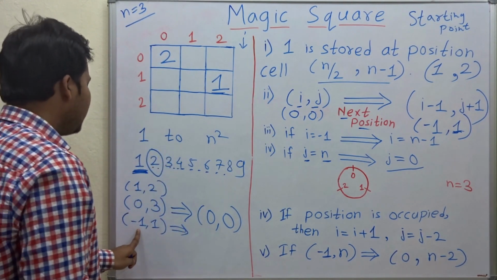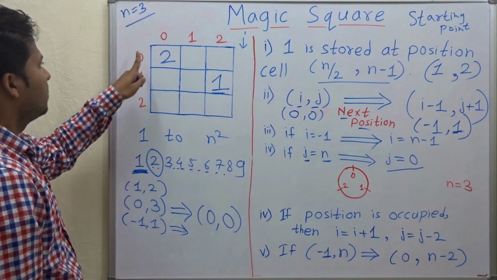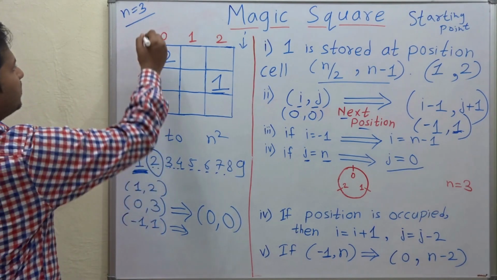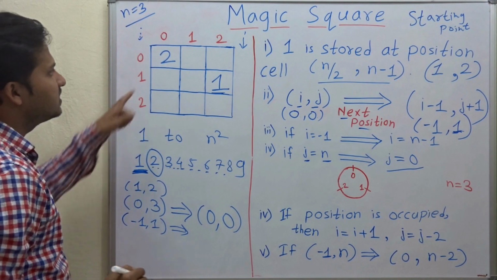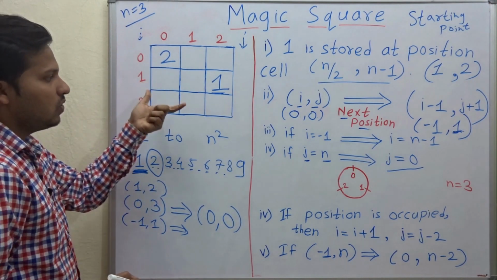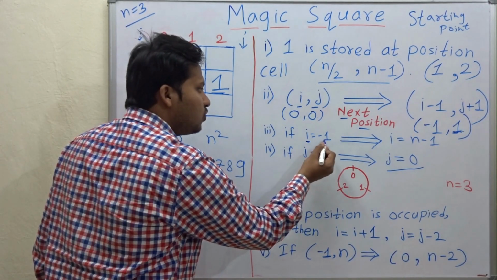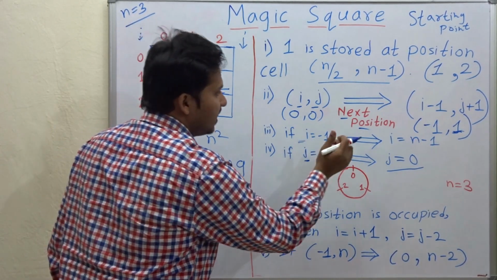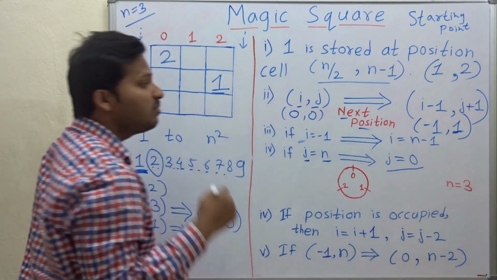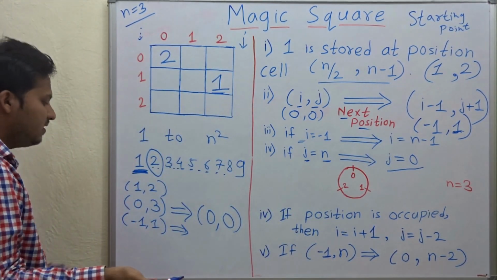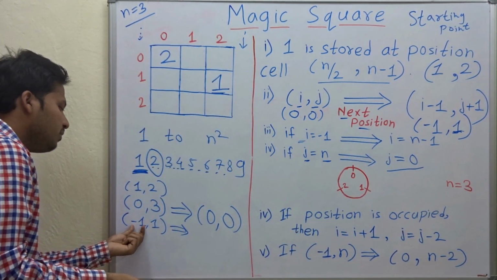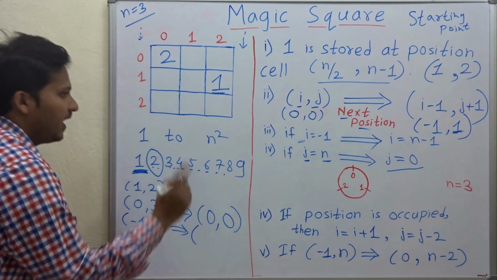So now minus 1, see, index minus 1 is not present. So the third rule: if i is equal to minus 1, then i is equal to n minus 1. So this minus 1 will be wrapped into n minus 1.